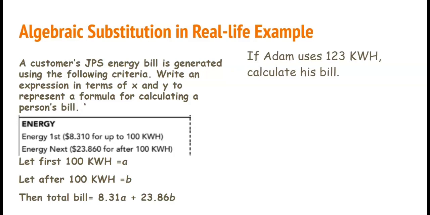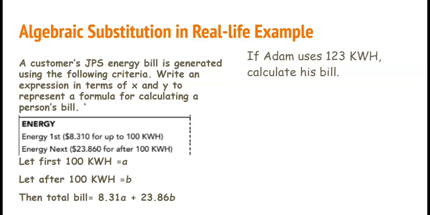To solve this problem, we need to find the formula for finding the person's bill. We first need to define our terms, and so for the first 100 kWh, we're going to let that equal a, and after that whatever follows is going to be b. Then the total bill would be 8.31a plus 23.86b.